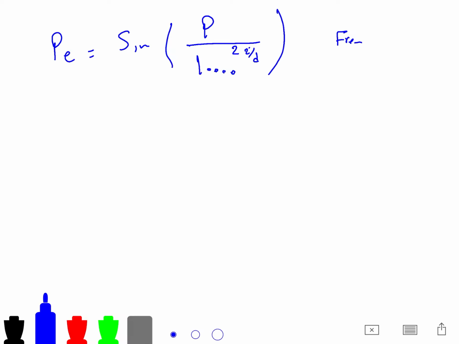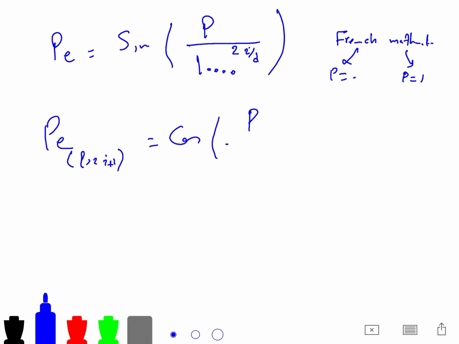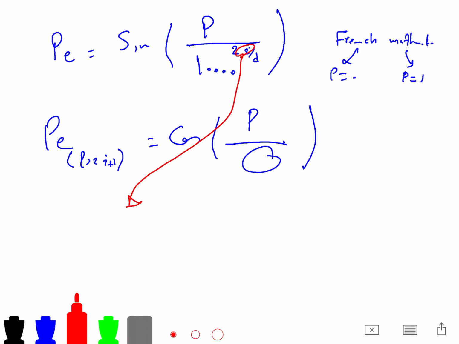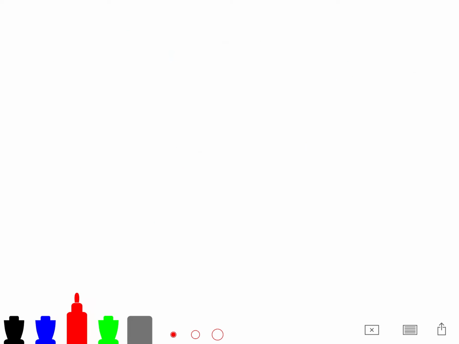For example, when I say French mathematician, French is p equal to 0, the first position, and then p equal to 1 is the next position, and so on. And you do it also for 2i plus 1 for cosine, so p divided by the same thing. And remember, i is a list with length d. So it's very simple.